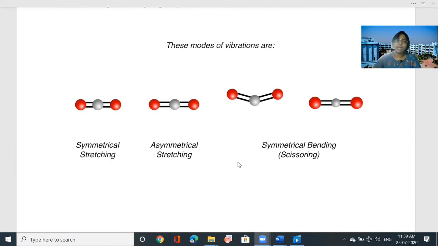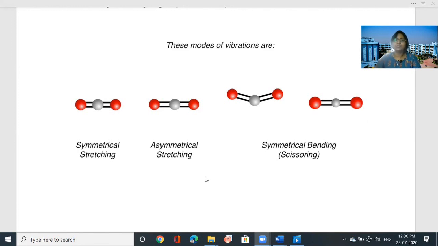Apparently CO2 looks symmetrical and its dipole moment is zero, but practically there are different types of bending and stretching. For asymmetric stretching we get a dipole moment for CO2, and as we get the dipole moment, it is IR active.